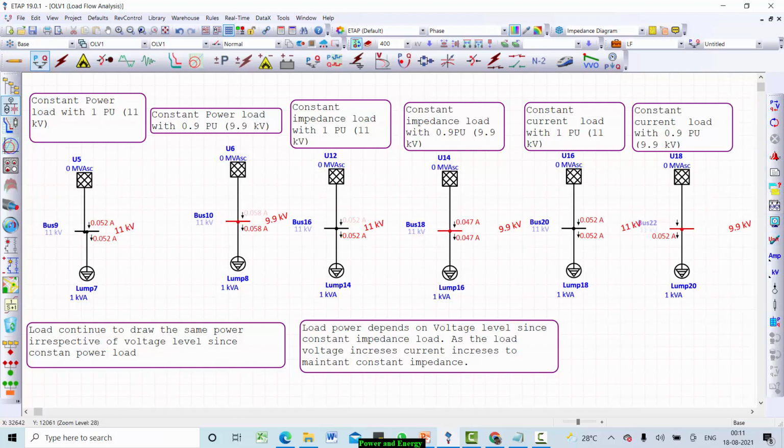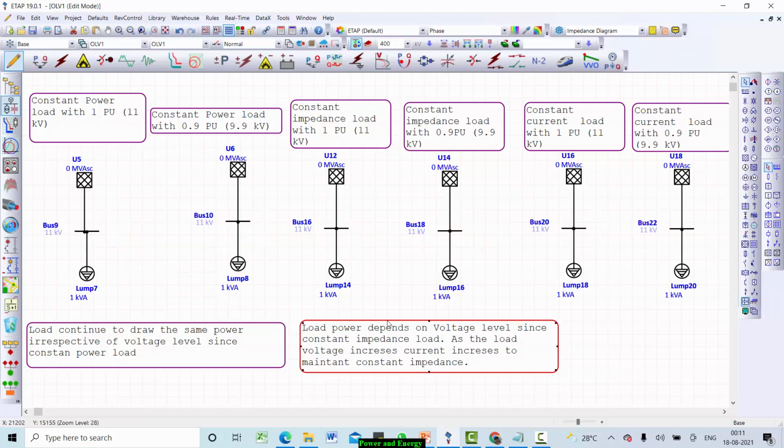It's a constant current load. Look at the current drawn by both loads. In fact, with 11 kV, 0.052, and the same value when we go for 9.9 kV. Also have a look at the power drawn by the load: 1 kilowatt for 11 kV and 0.9 kilowatt for 9.9 kV.